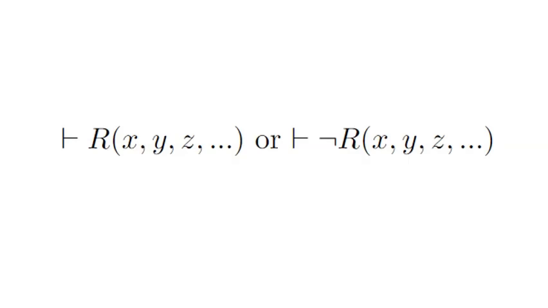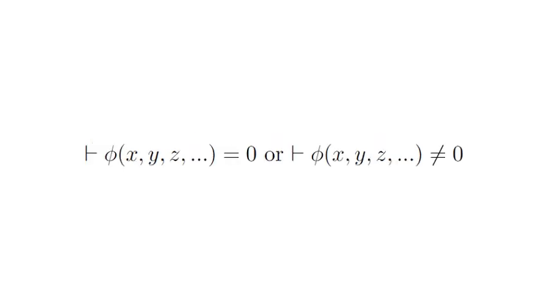You just have to prove that when you give those numbers as inputs to phi, the output is 0, or prove that the output is not 0. And as we mentioned before, you can do that.